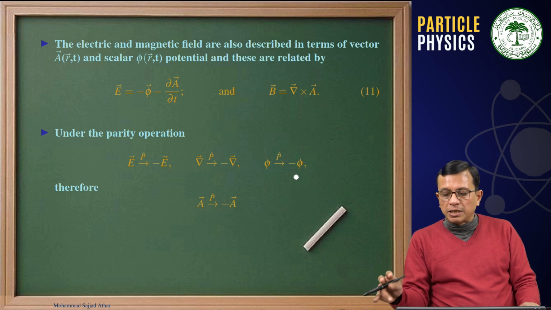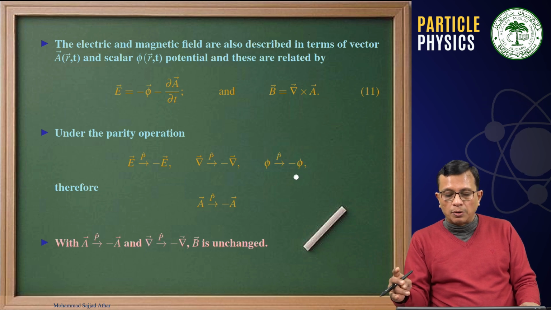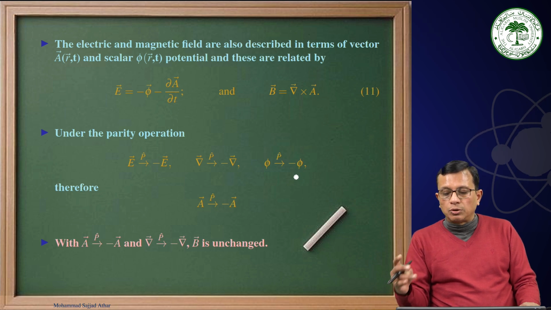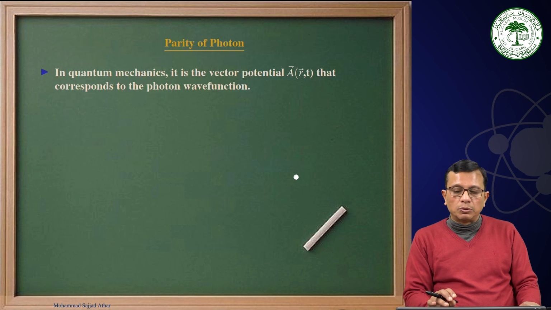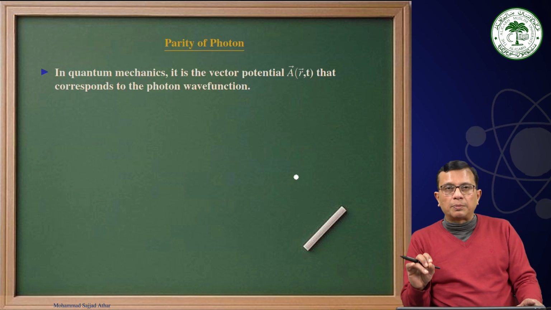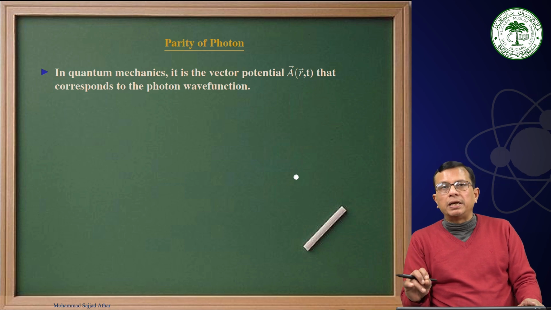Therefore, in principle, A is changing to minus A and del is changing to minus del to keep the magnetic field unchanged.